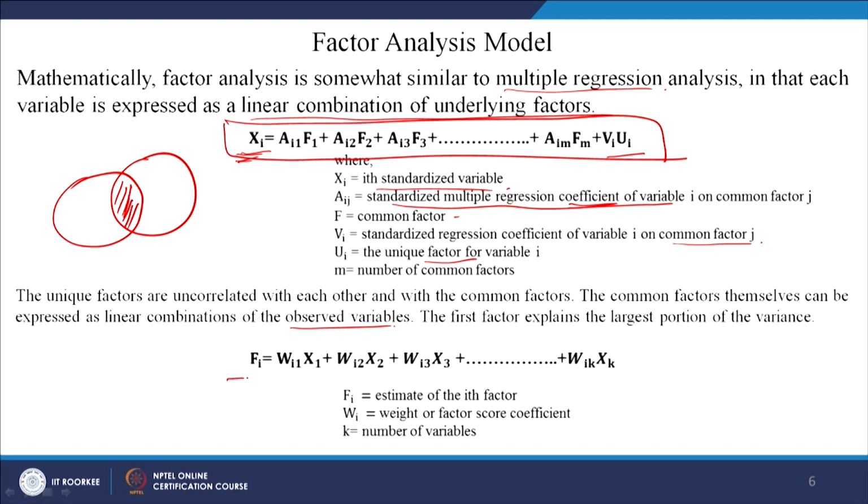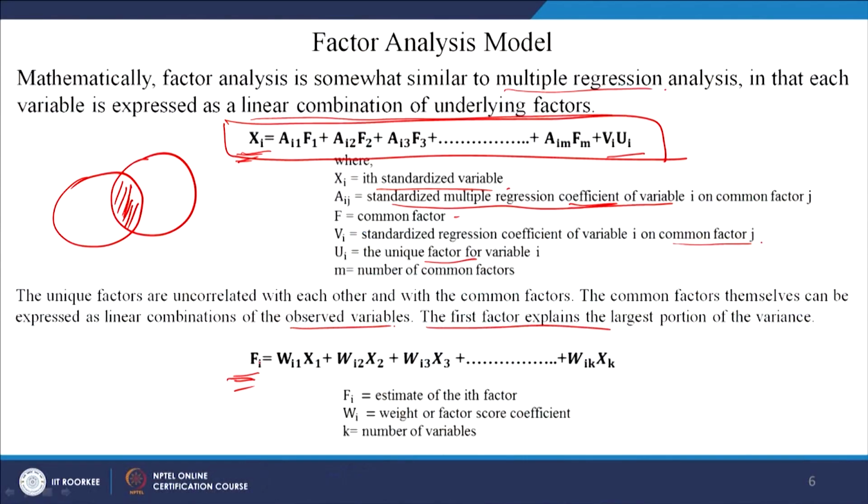Let us see the first factor. You should remember in factor analysis, when you get several factors, the first factor explains the highest amount of variance, the second factor explains the second highest amount of variance, the third factor explains the third highest amount of variance, right. So, as you go on, let us say Fi is the estimate of the ith factor, which is equal to the weight or factor score coefficient, into X, the variable.